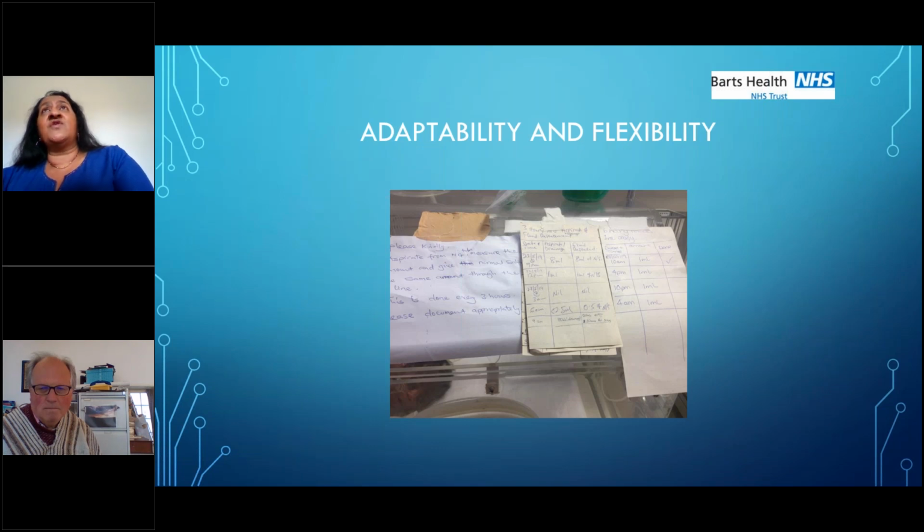But we found that for those where they only wrote in the notes once a day in the morning handover, the best thing was just to write little tables out and stick it on the actual incubator itself. And that works the best way, so that feeds were given at the right time, trophic feeds were given at the right time, the NG tube was aspirated at the right time, and appropriate fluids replaced.